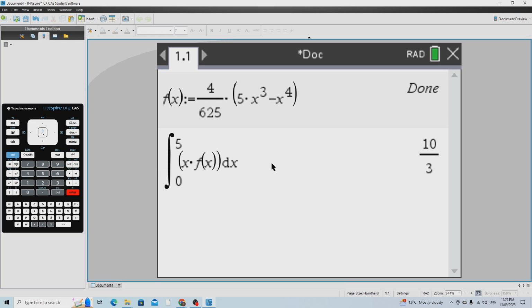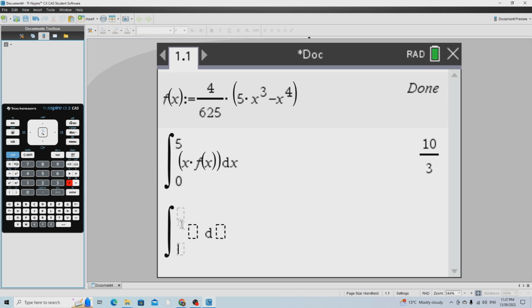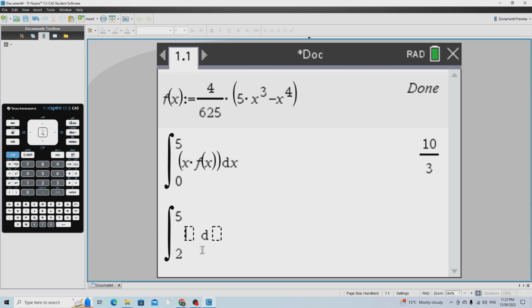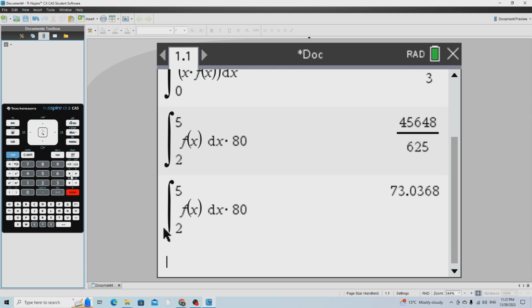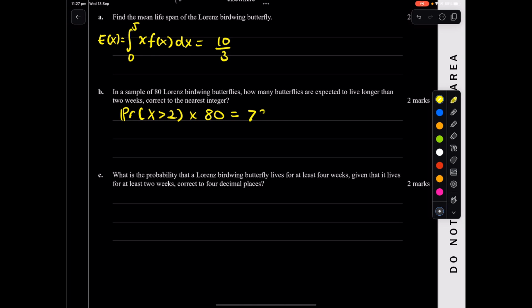Doing this in our calculator, we want the integral from 2 to 5 of f(x) dx times 80. That gives us 73 butterflies. That's that.